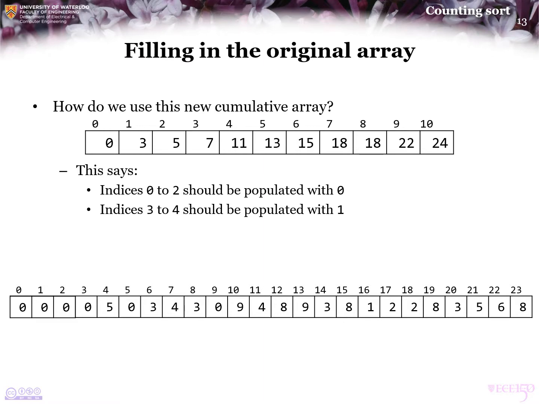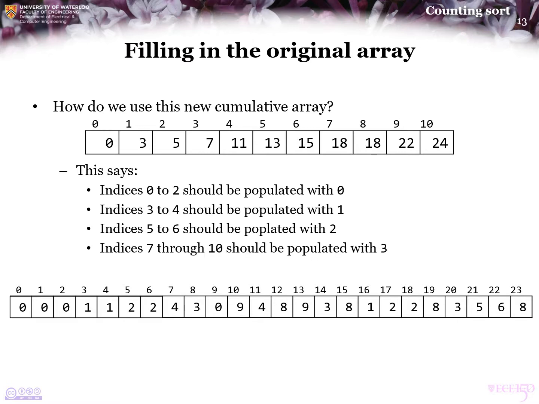Next, indices 3 to 5 minus 1, or indices 3 and 4, should be populated with the value 1. Next, indices 5 to 7 minus 1 should be populated with the value 2. Next, indices 7 through 11 minus 1 should be populated with the value 3. And so on and so forth.